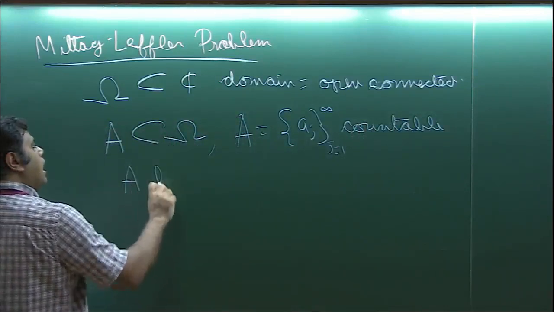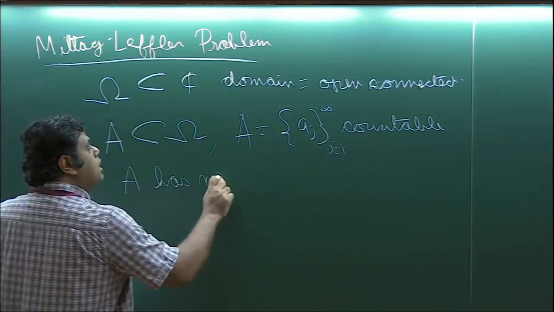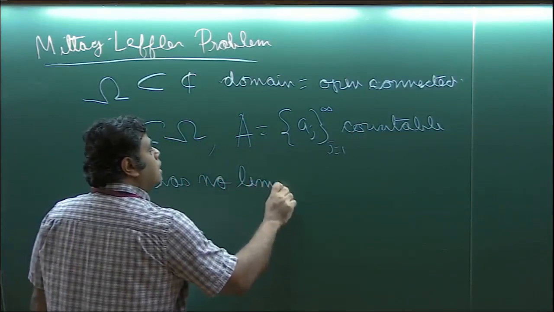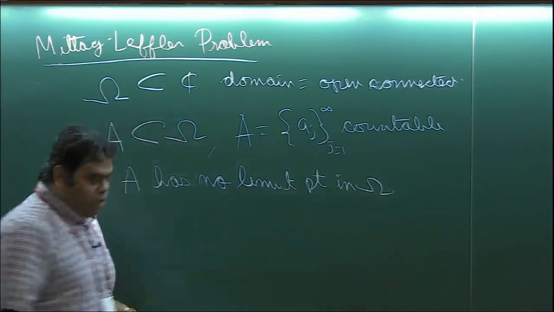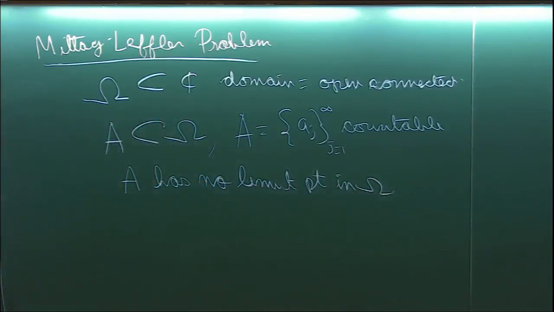A has no limit point in omega. So therefore, if omega is, for example, bounded, the points of A will have accumulation points in C, but they are all on the boundary of the domain omega.